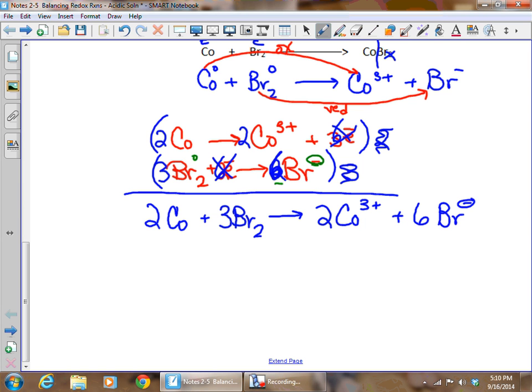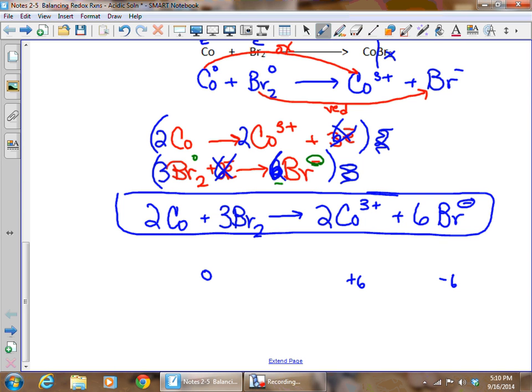So if we look at our overall charges, you'll notice that on the left-hand side, both of these are 0 for an oxidation number. I've got +6 for the cobalt and -6 for the bromine. Looks like my charges have balanced out to 0 on both sides. So there's my balanced reaction for this particular redox reaction.